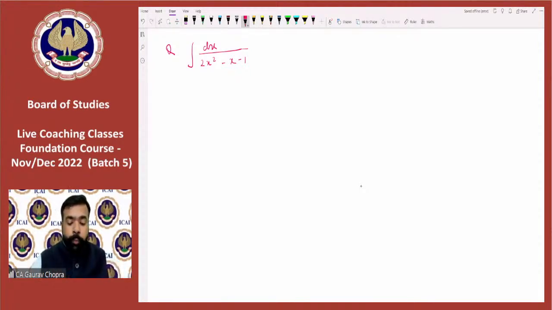So we can rewrite this by multiplying and dividing by 2. Then it will become x square minus x by 2 minus 1, and outside we can write 1 by 2. So after multiplying and dividing by 2, now the coefficient of x square is 1.